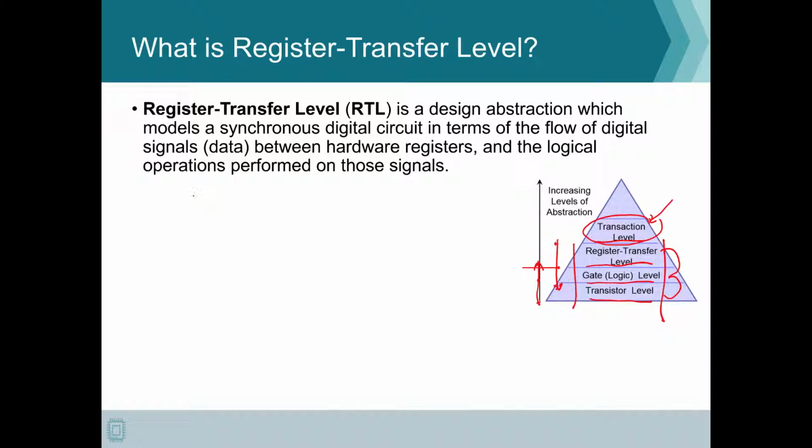So another definition of what register transfer level is: let's say you want to perform an addition of two 4-bit numbers. Let's say you have A, which is a 4-bit number, and B, again a 4-bit number, and you want to add them and store the result in another number C, let's say a 5-bit number, because you also want to take care of the carry.